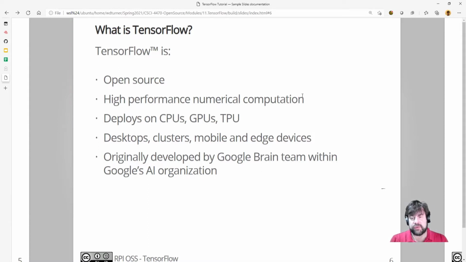But what we're going to do is things in this high performance numerical computation world instead. We'll use a little bit of learning and training, differentiation, curve following, but it's not going to be recognize this dog from this cat kind of thing just yet.